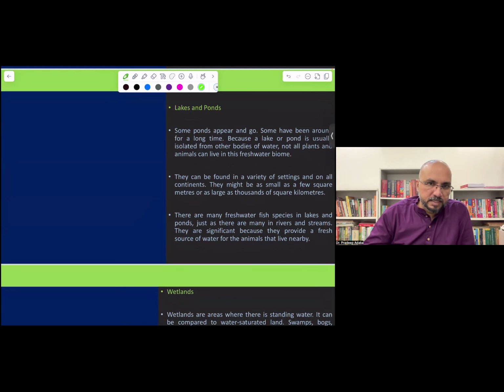Now, coming to static water bodies, lakes and ponds. Some ponds appear and some remain for a long time, depending upon the availability of water. If there is a regular supply of water, there is inland drainage. Inland drainage means the rivers do not go into oceans.